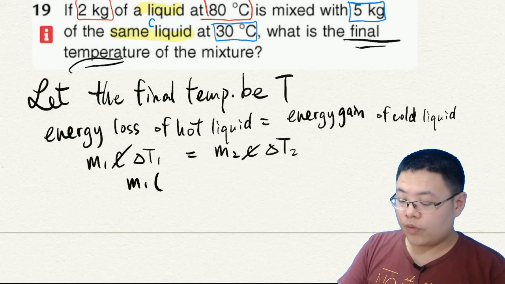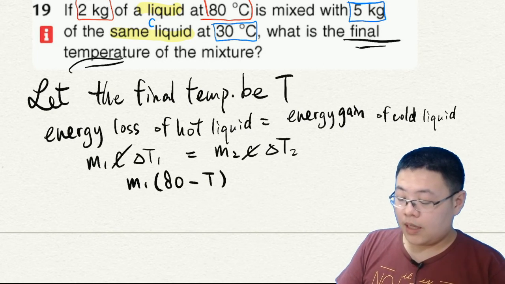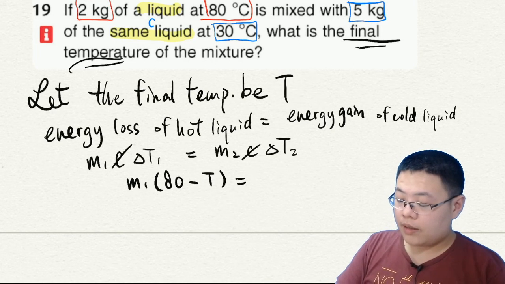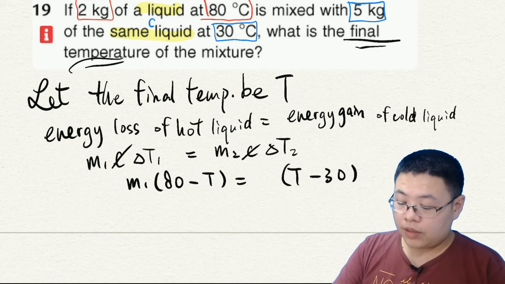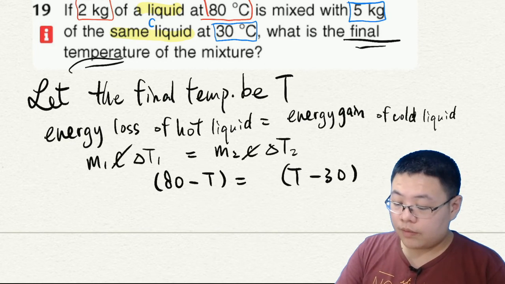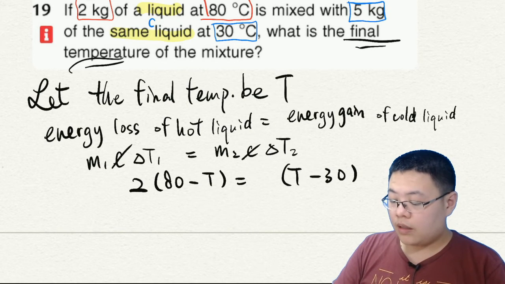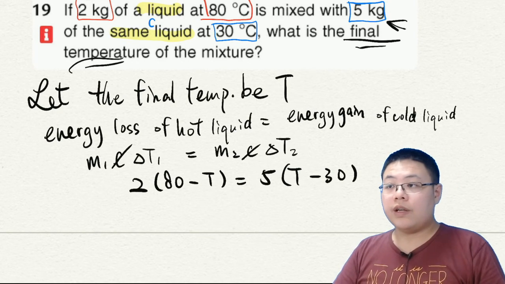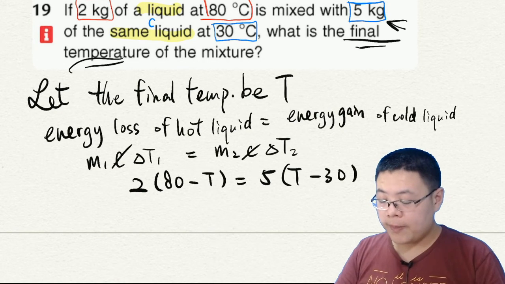Delta T1 would be 80 minus T, and then delta T2 would be T minus 30. And sorry, I forgot M1. The value of M1 is 2 kilograms, and the value of M2 is 5 kilograms. Okay, so this is the equation we have to solve, and it is similarly easy.